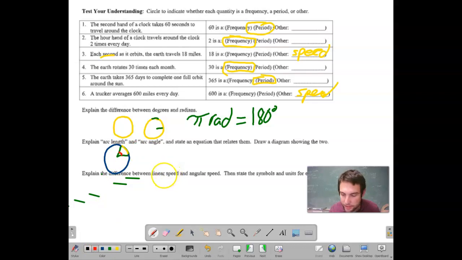State an equation that relates them. That's going to be S equals theta times R, where S is our arc length, theta is the arc angle, also known as angular displacement, and R is the radius.